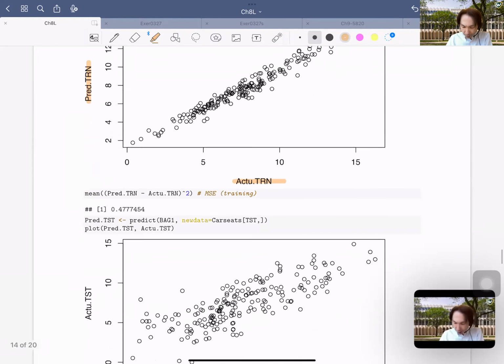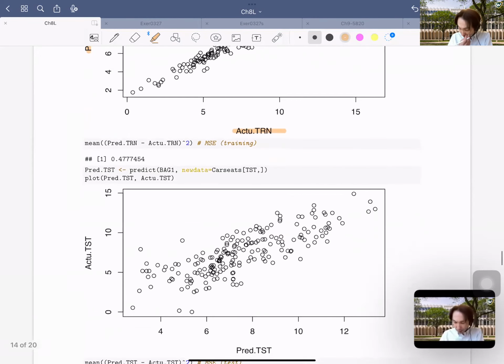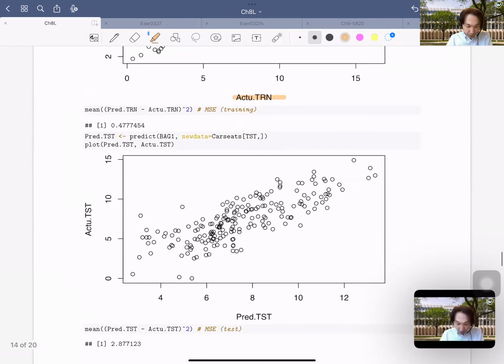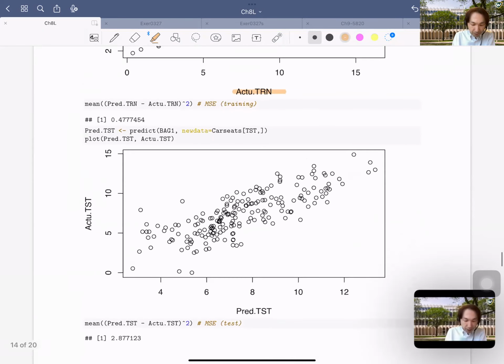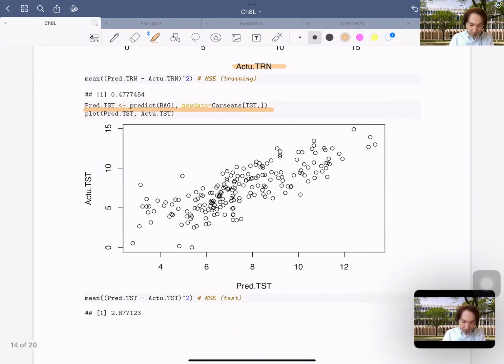But generally, the tree-based method has severe overfitting. If we do this for the test data set, we can use the predict function with the new data option. Then we have a much lower correlation coefficient between the actual and the predicted ones.